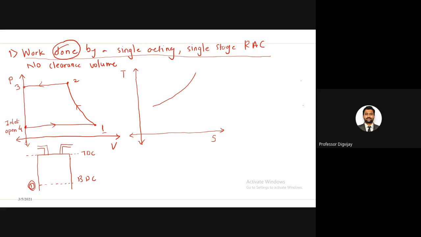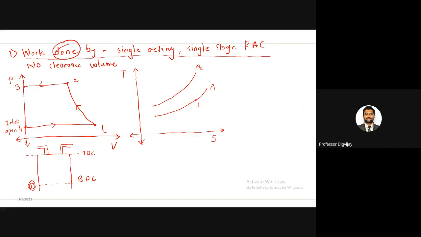So here in this case, we can show these diagrams. We have one constant pressure curve, P2. Then we have one constant pressure curve, that is P1. Then we have a point here, 1. At point 1, what is happening? The piston is starting to compress the air.